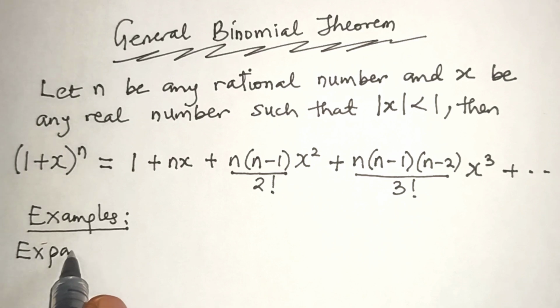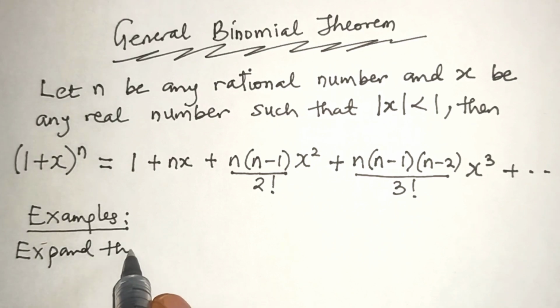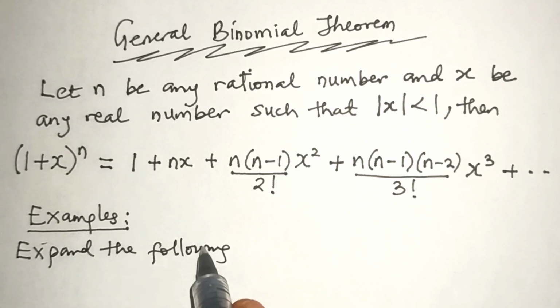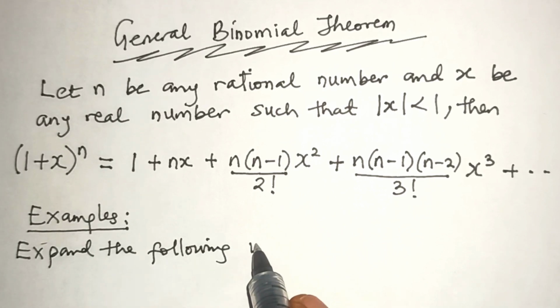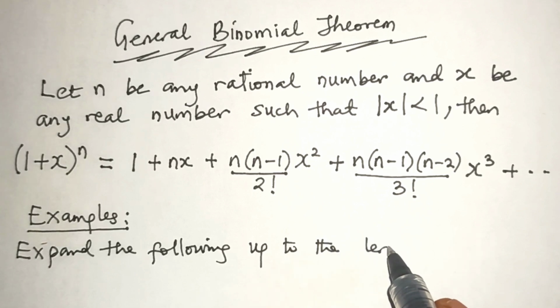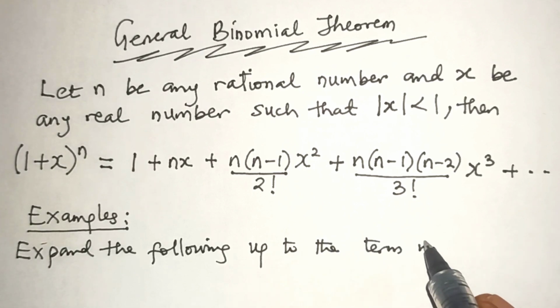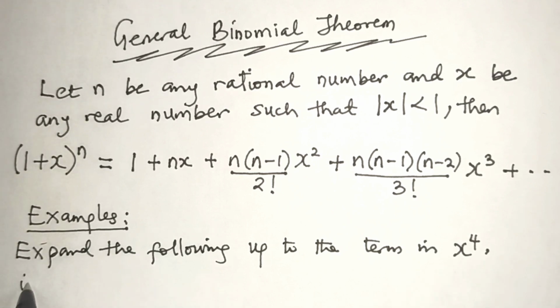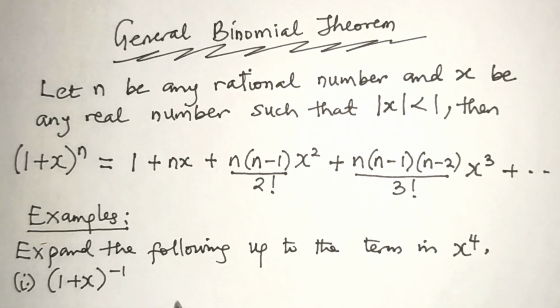Expand the following up to the term in x to the power 4. The first one is (1 plus x) to the power minus 1.